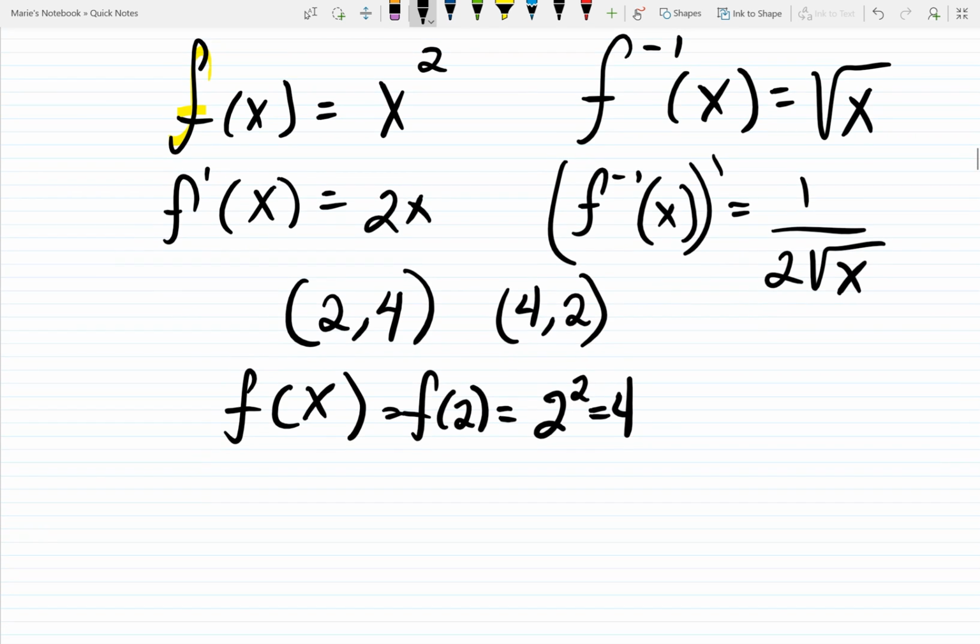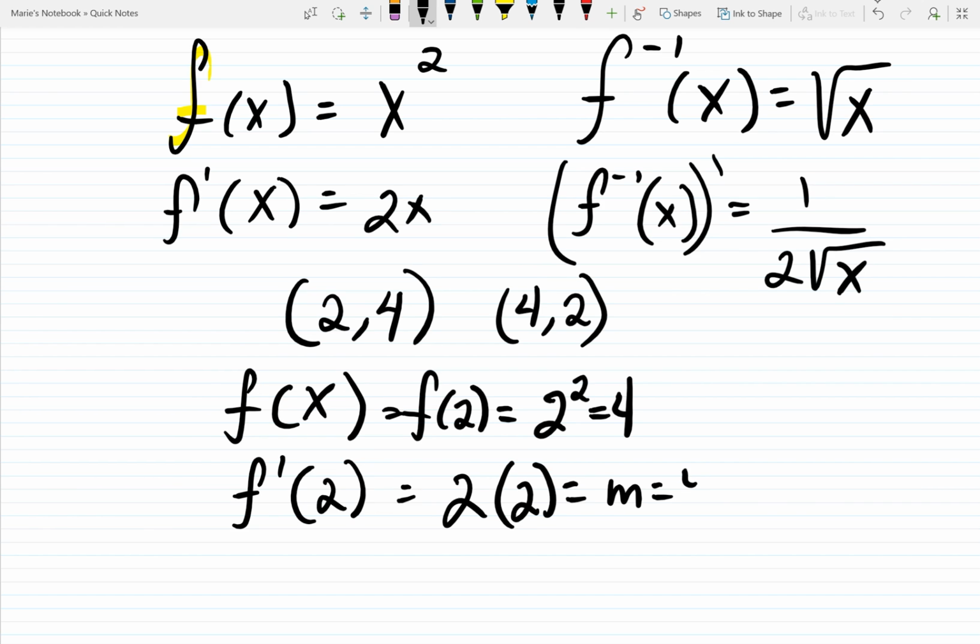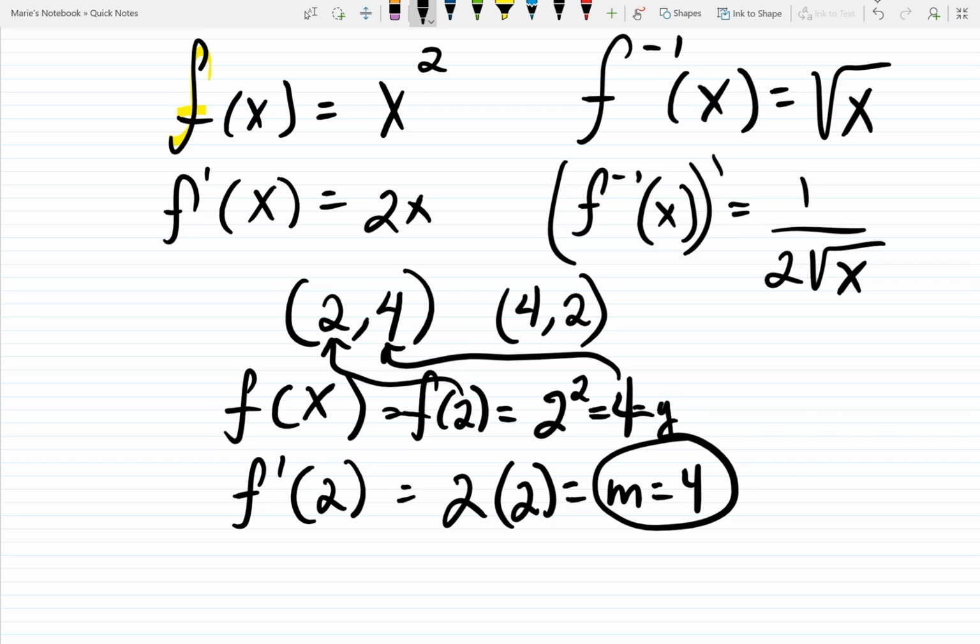Now for the slope, if I plug in the 2, then my slope is going to be 2 times 2, giving me a slope equal to 4. So this is my y value for this part of the equation. I'm plugging in the x part of the equation, and this part here is the slope at this particular original function.